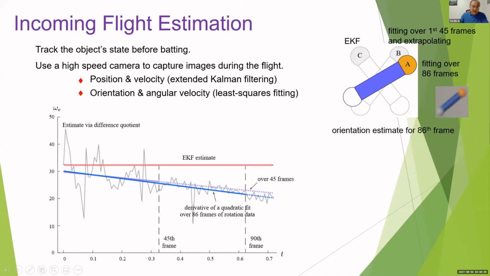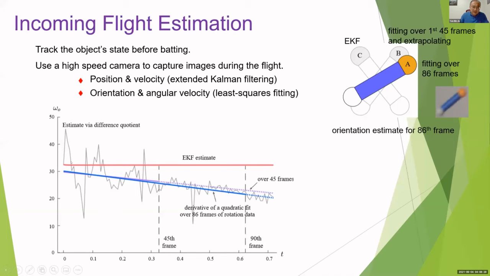We do 2 kinds. We use a mixed EKF, extended Kalman filter, with least squares fitting. One is used to estimate position and velocity. The other one is used to estimate orientation and angular velocity. Here is a simple illustration.